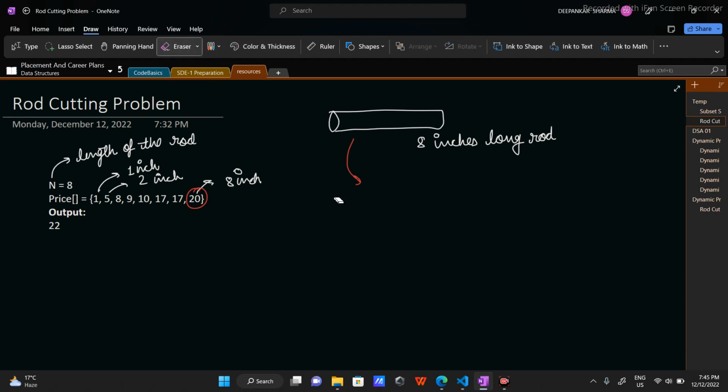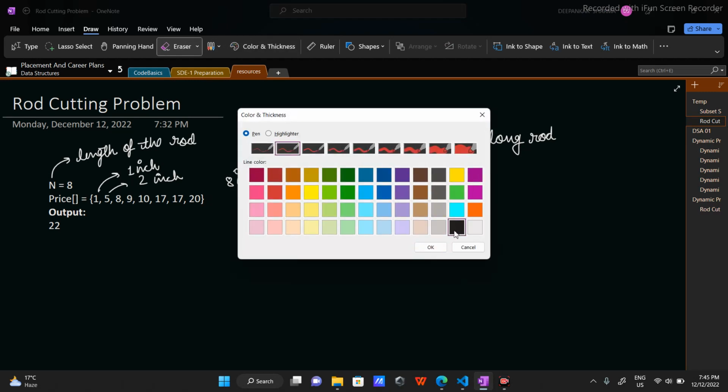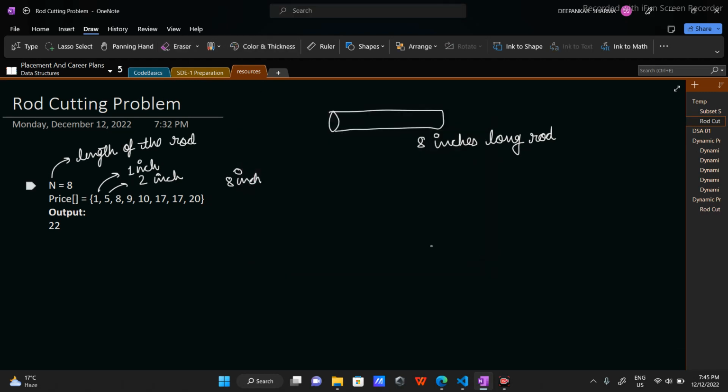Okay, so this is the problem statement. And what I have to do, see this was 8 inches, and this is for 7 inches, this one is for 6 inches, and so on. All right, so what I have to do is cut up this rod in such a way that when I sell these pieces in the market, it will maximize my profit.